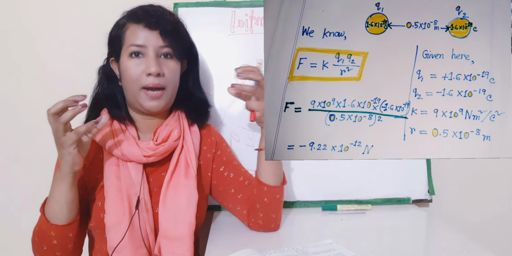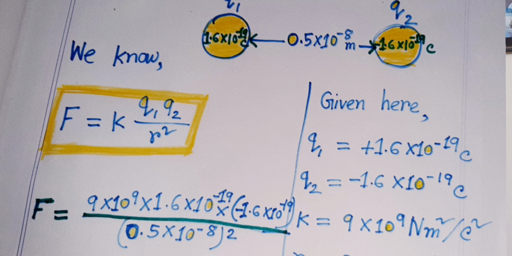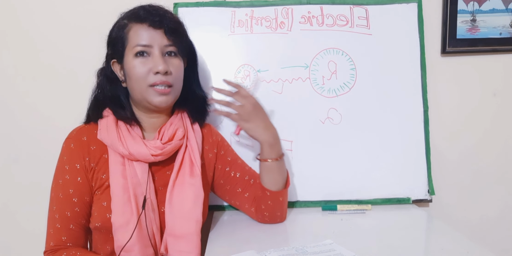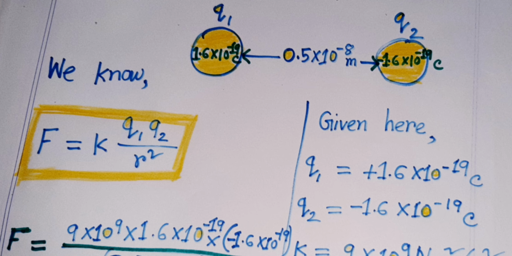Here are two particles: a proton at the center of the hydrogen atom and an electron outside it. First you need to figure out what's given, then what you need to find. The formula is F equals K q1 q2 divided by r squared.